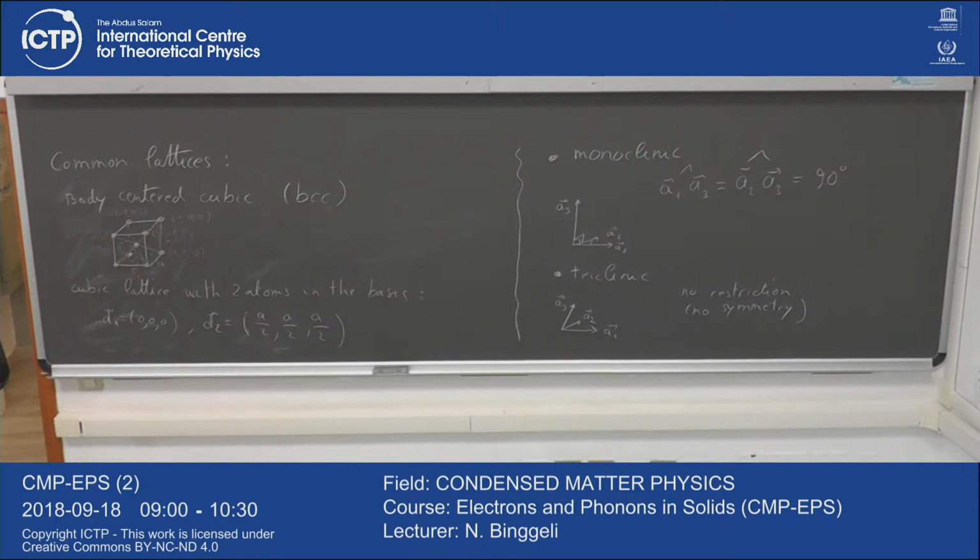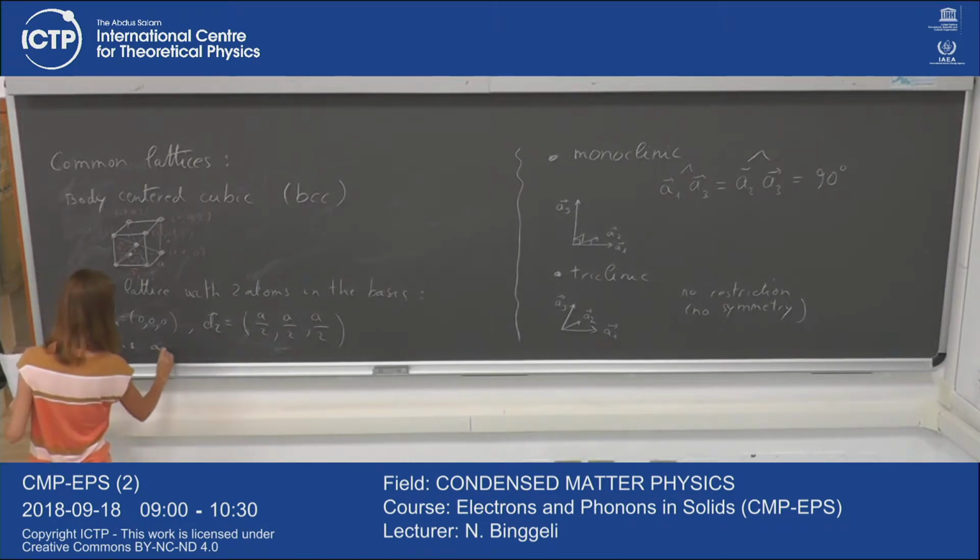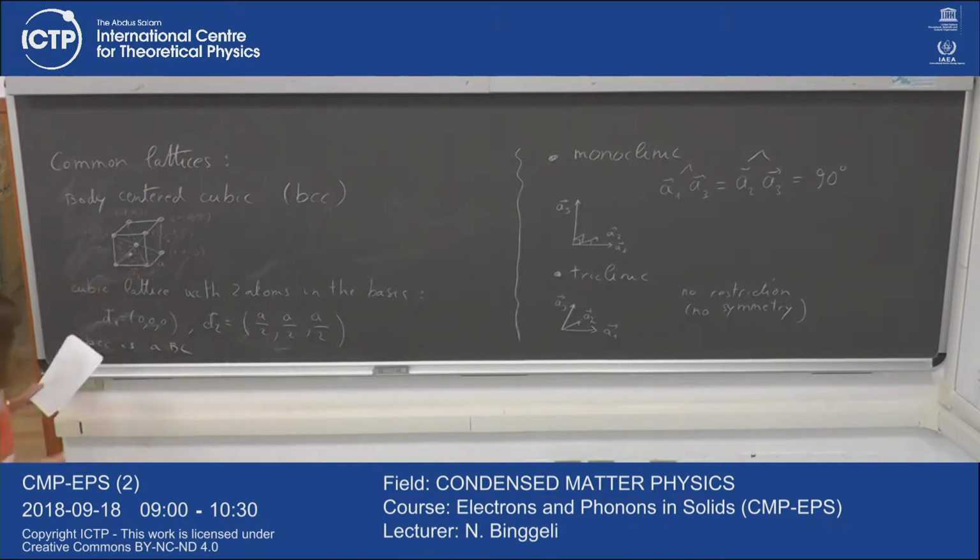So basically I'm reaching all points of this lattice. So it is a Bravais lattice. The body-centered cubic lattice is a Bravais lattice. BCC is a Bravais lattice. Okay? You all agree? Yes.